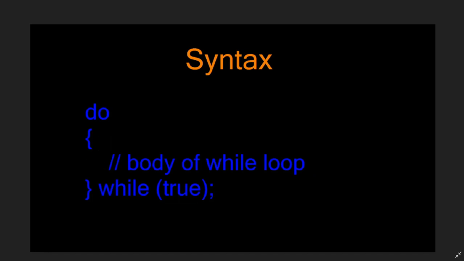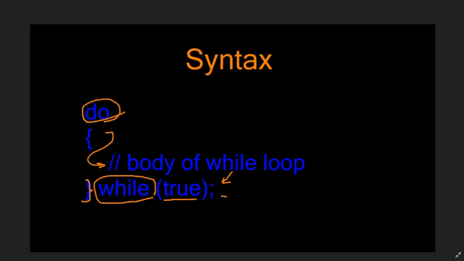About the syntax, we have the do keyword, then curly braces, and here the body of the loop, and after the closing curly braces we have the while keyword, and then in the brackets the test expression again. In the example we have true, and always we will go inside those curly braces and execute the code.